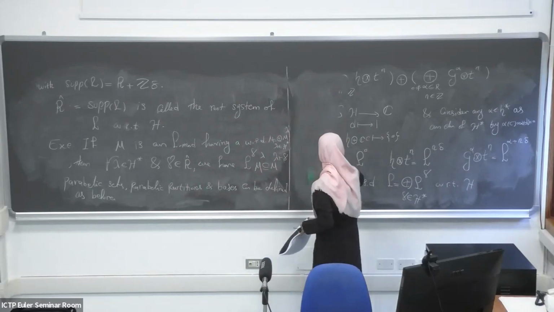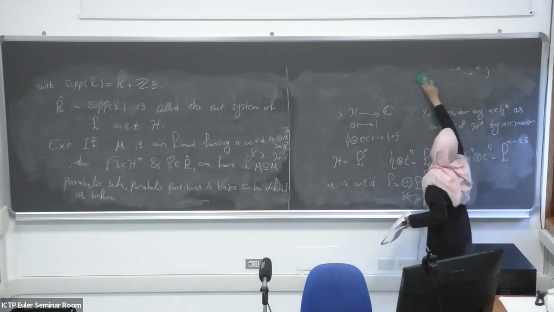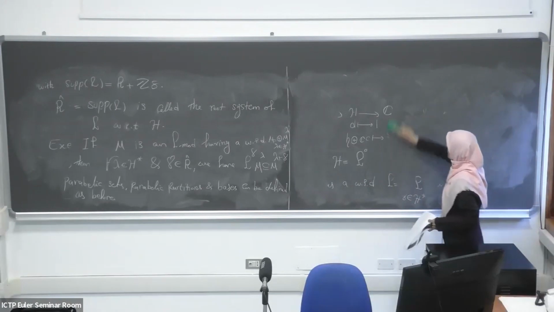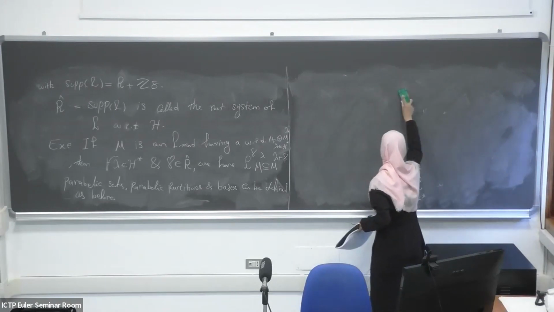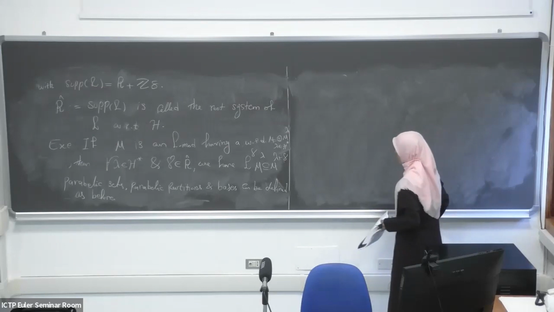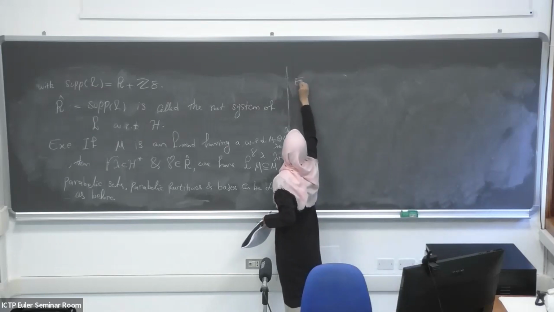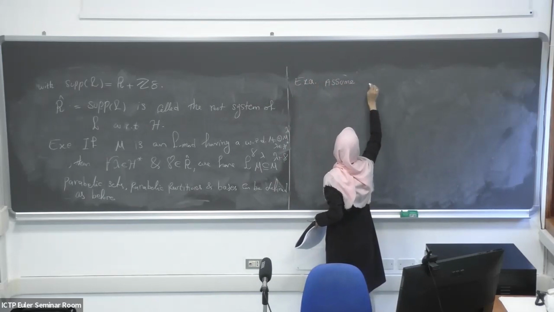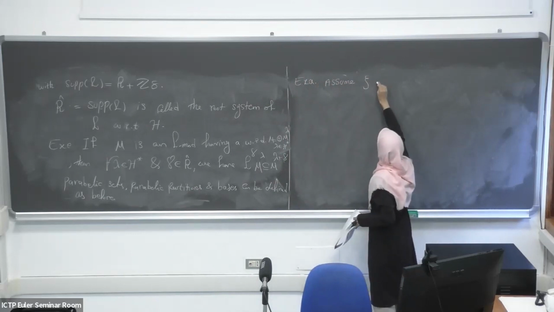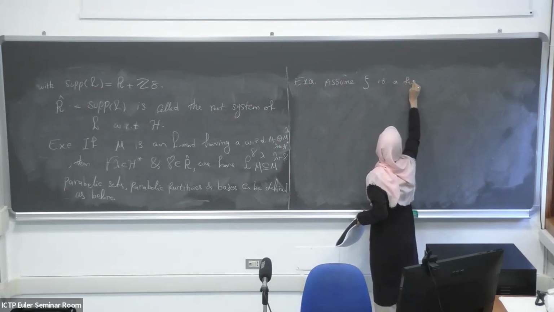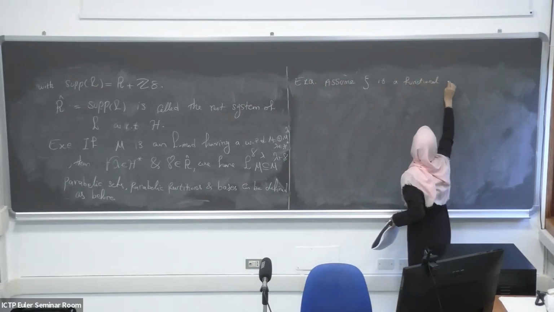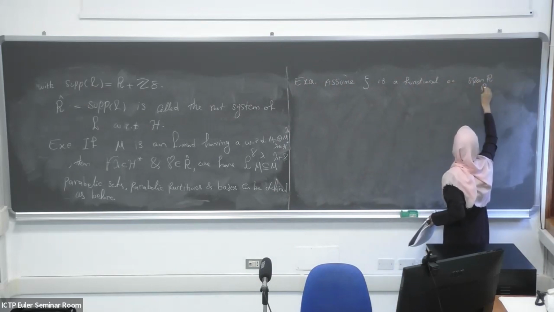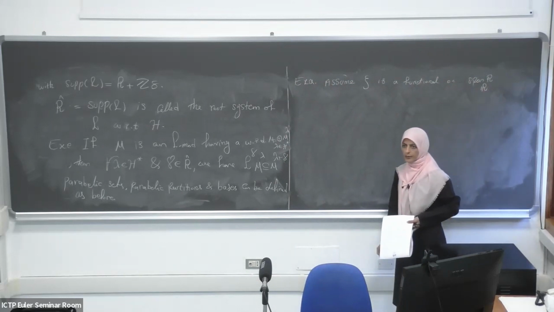And now let's look at an example of a parabolic set. Assume zeta is a functional on a span of R hat over R, right?